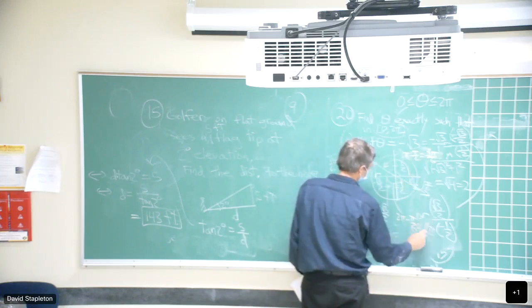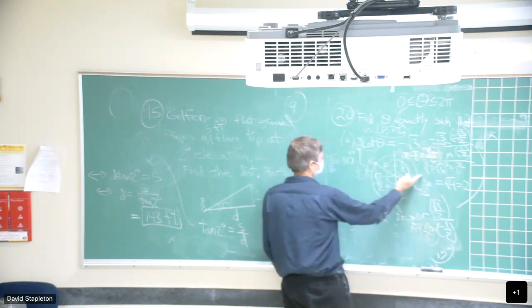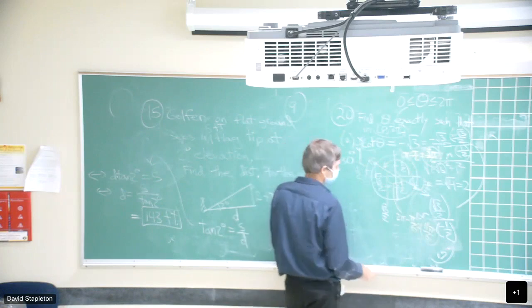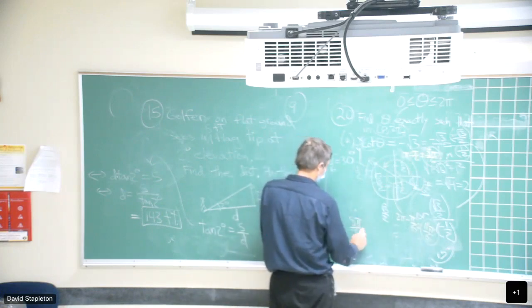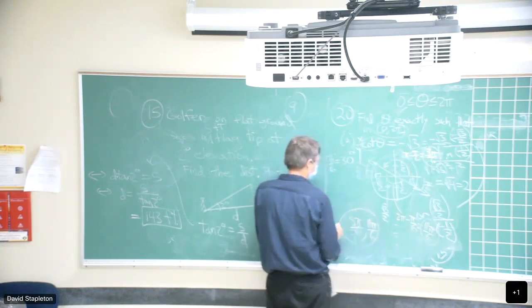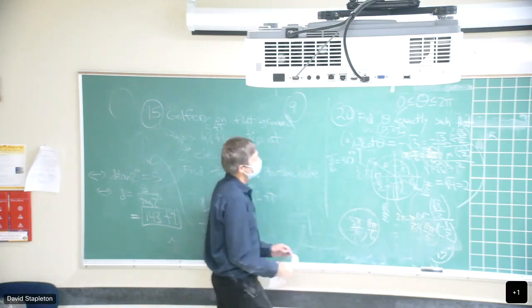So there's two solutions out of that: 5 pi over 6 and 11 pi over 6, this angle and this angle. But that picture on the unit circle is immensely helpful. That's how I like to do it.